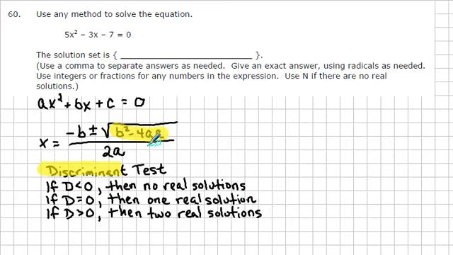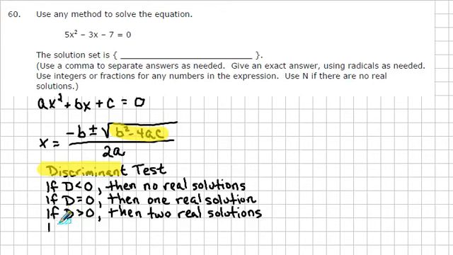Now one other thing to pay attention to is whether or not the discriminant is a perfect square or not. If b squared minus 4ac ends up being a perfect square, then you'll be able to find the square root of that number, and you'll end up with rational solutions. If the solutions are rational, then that means that factoring can be used to solve the equation.